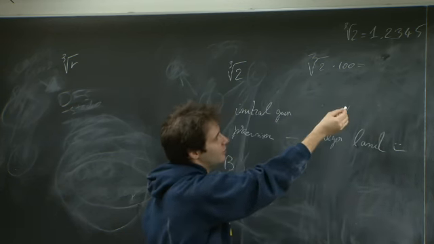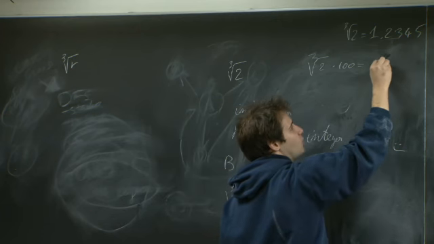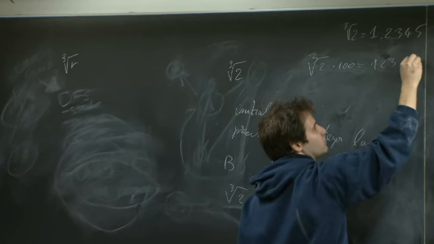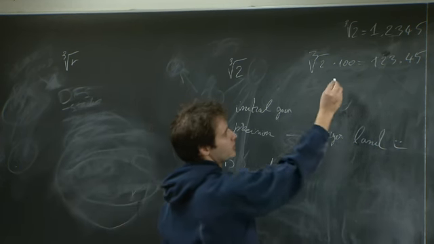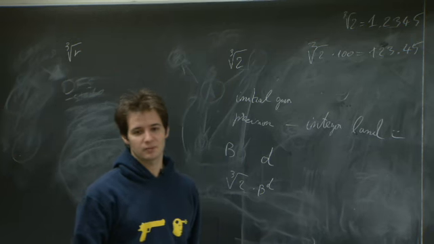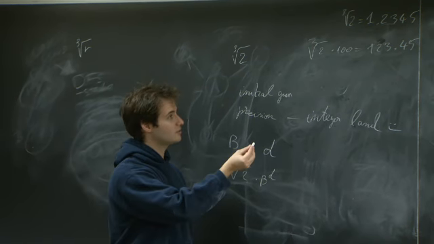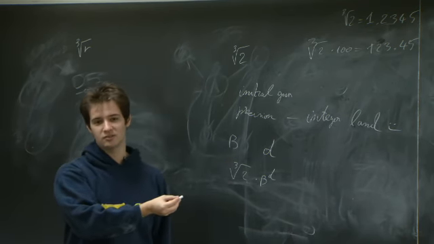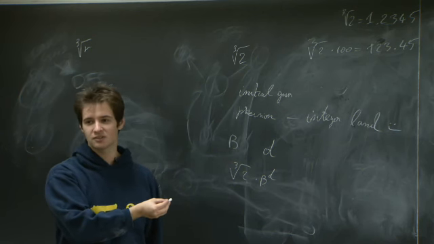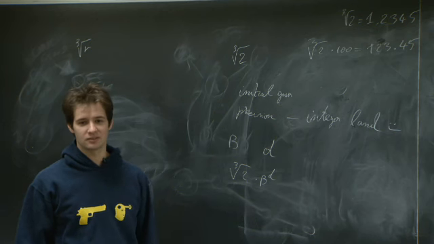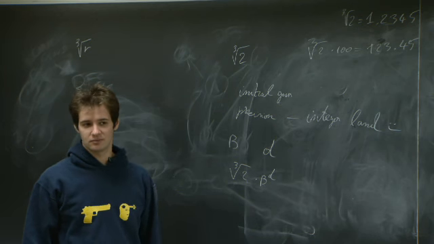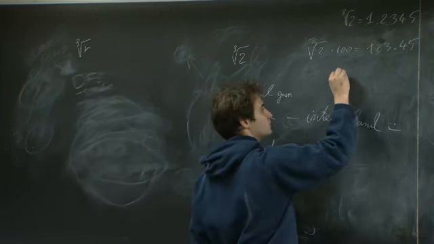If I multiply it by 100, what will I get? 123.45. So multiply by 100 means you move the decimal point to the right. So it's still not an integer. If we work in integer land, our algorithm will return an integer. What's the integer that we're hoping our algorithm will return? 123, right?